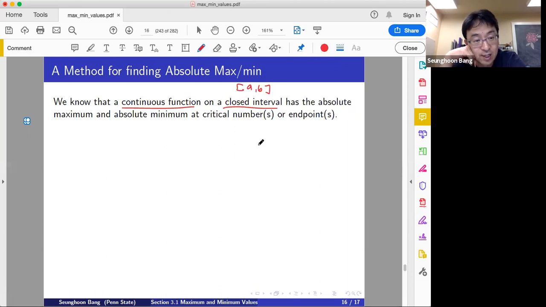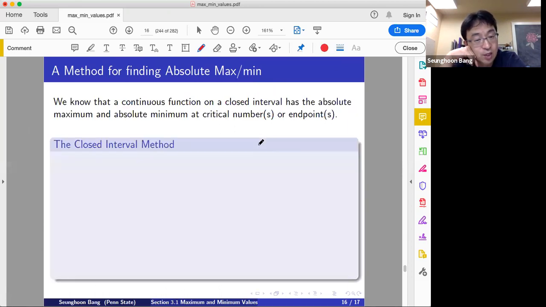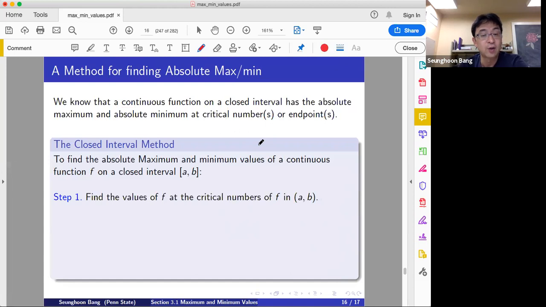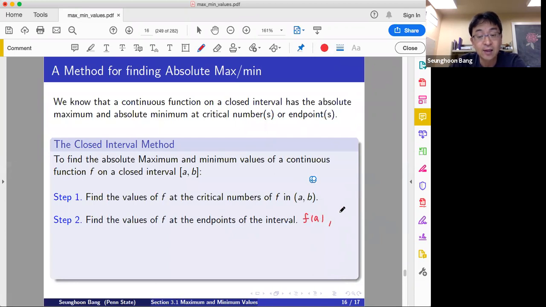We can follow these steps. The closed interval method: to find the absolute maximum and absolute minimum values of a continuous function f on a closed interval [a, b]. Step 1, find the values of f at the critical numbers of f in the open interval (a, b). Step 2, find the values of f at the endpoints of the interval. You can calculate f of a and f of b.